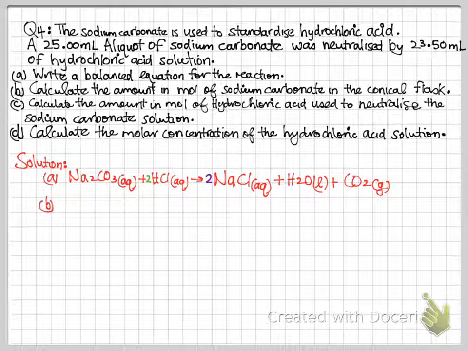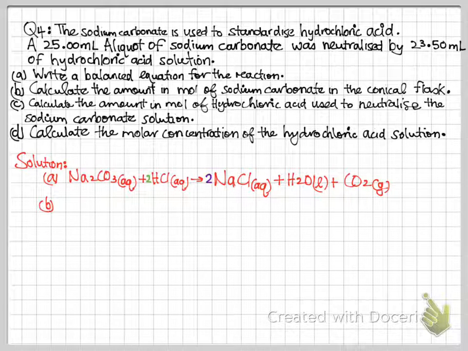Okay, the question asks for a balanced equation. Here it is. You will notice that there are 2 sodiums on the left of the equation, so there must be 2 sodiums on the right of the equation. That's why I put in the 2 in purple. Now, looking at chlorides, on the right I've got 2 chlorides. On the left I've got 1 chloride.